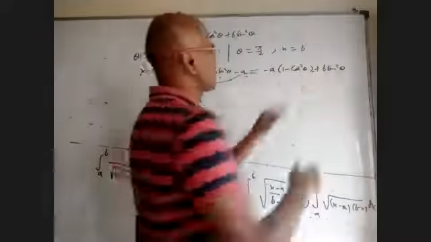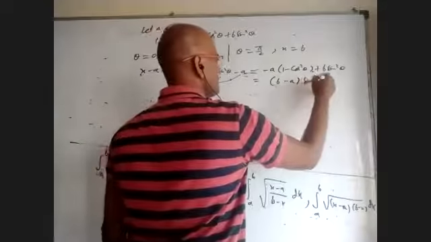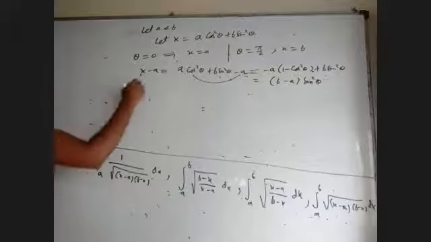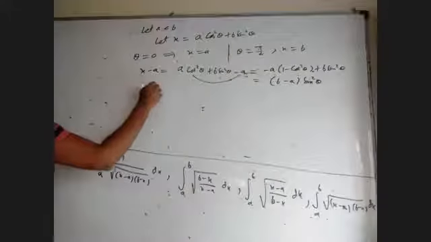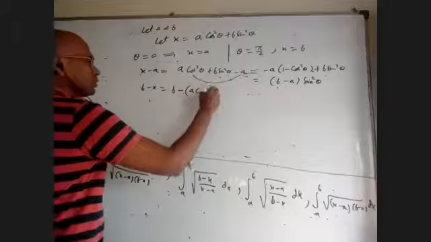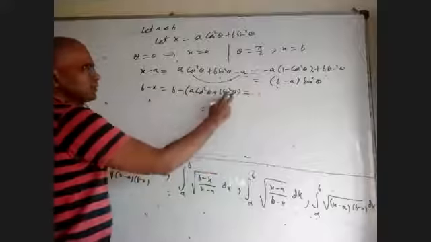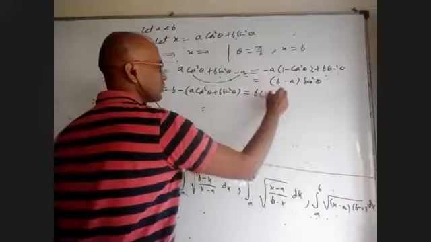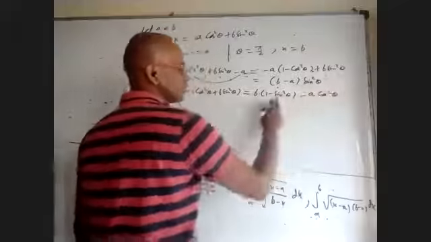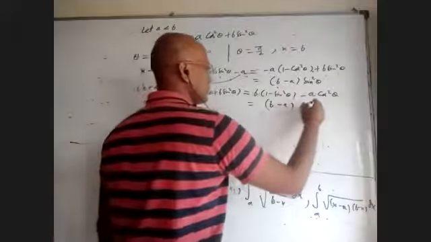This also sine square, this also sine square. Together I will get b minus a into sine square theta. If I take b minus x, that is b minus a cos square theta plus b sine square theta. This is b and this is b sine square theta. If you take b common, you'll get 1 minus sine square theta, minus a cos square. This is cos square, this is cos square. If you take cos square common, b minus a cos square theta.